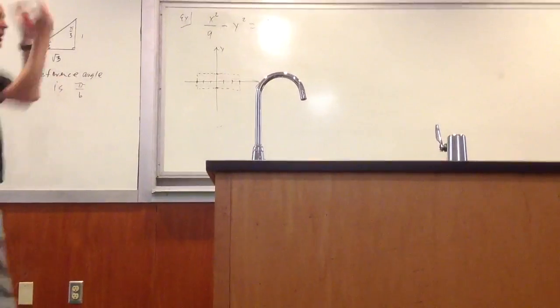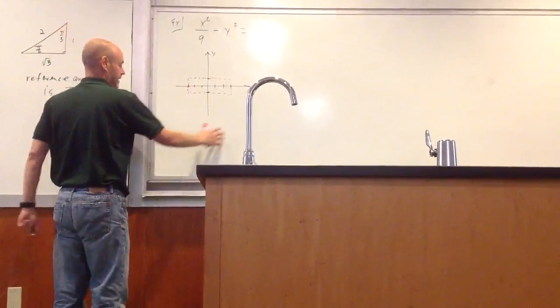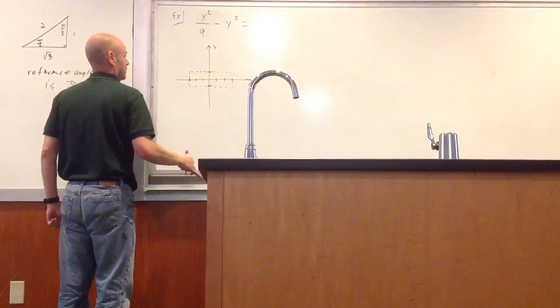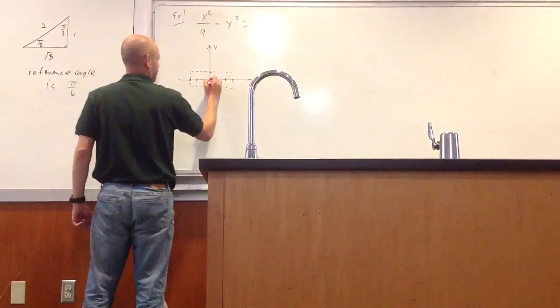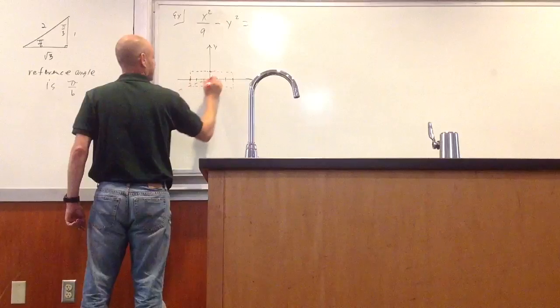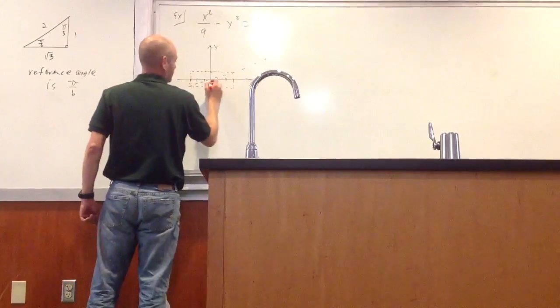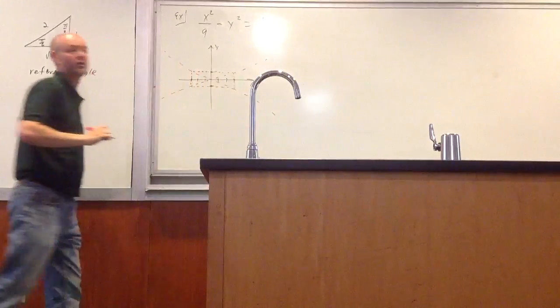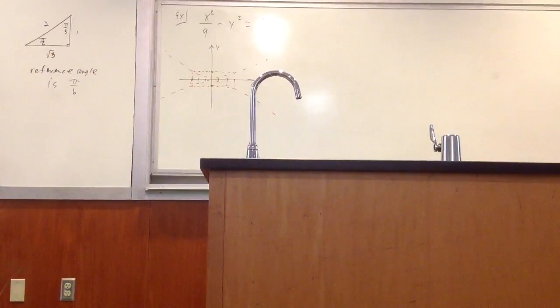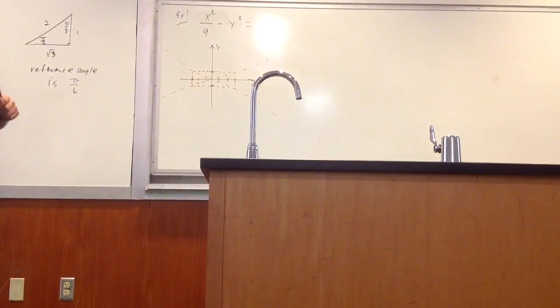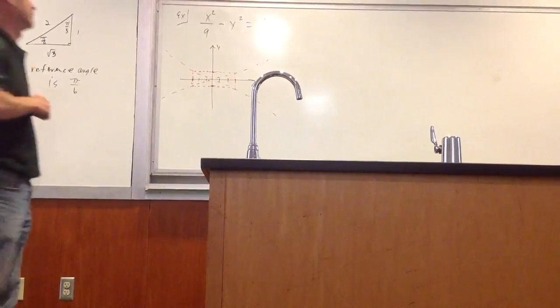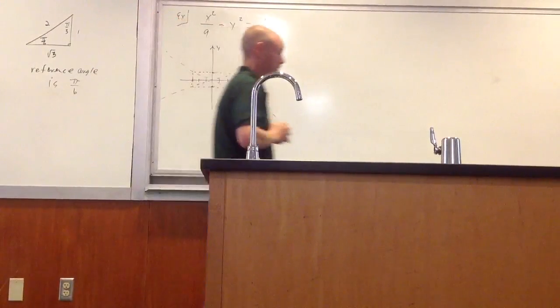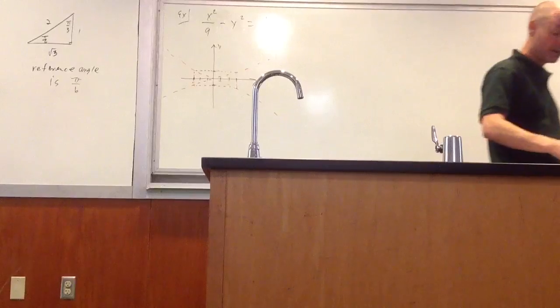A hyperbola is the opposite. It's hyperbolic. Extend the diagonals. I don't have time to get into why, but you trust me, right? These are asymptotes. Unlike some asymptotes, these asymptotes we do not cross.